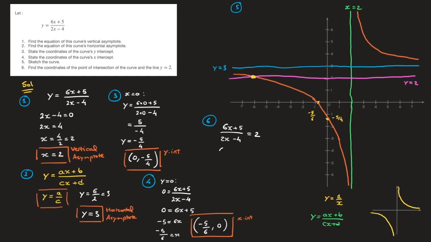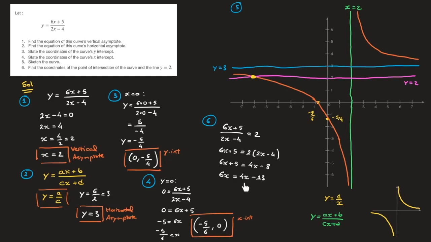And that leads to 6x plus 5 equals 2 times, in parentheses, 2x minus 4. I now distribute the 2 across the parentheses, which leads to 6x plus 5 equals 4x minus 8. I now subtract 5 from both sides, leaving us with 6x on the left-hand side and 4x minus 13 on the right-hand side.